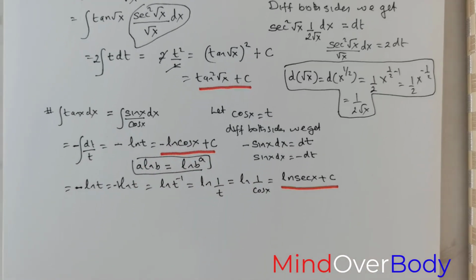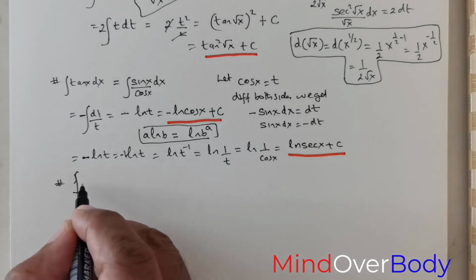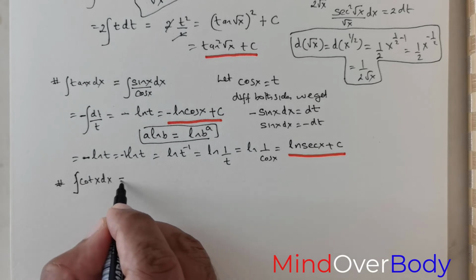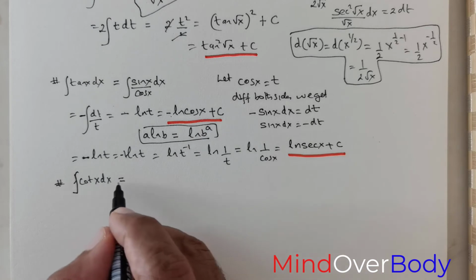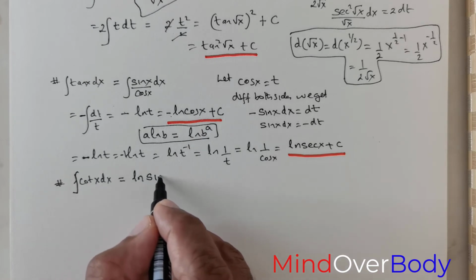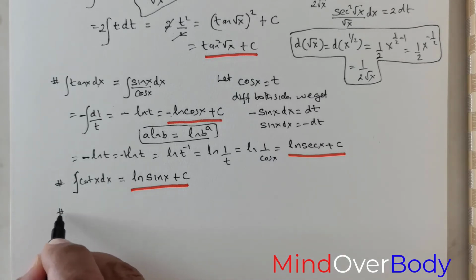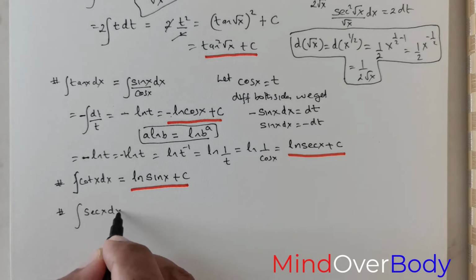Similarly, you can prove that the integral of cot x dx is equal to, now this is negative ln of cos x for tan x, but for the integral of cot x, it's going to be ln of sin x plus c. So that's an important result that you will have to know. Along with these, you get the next result, the integral of secant x dx.